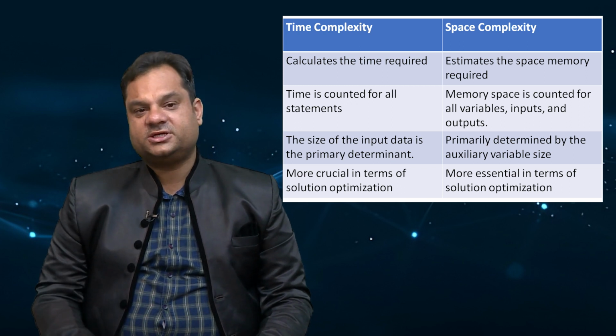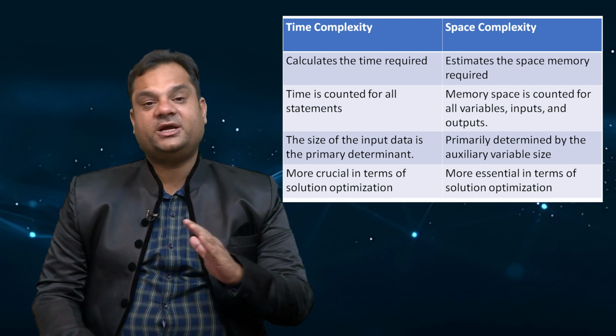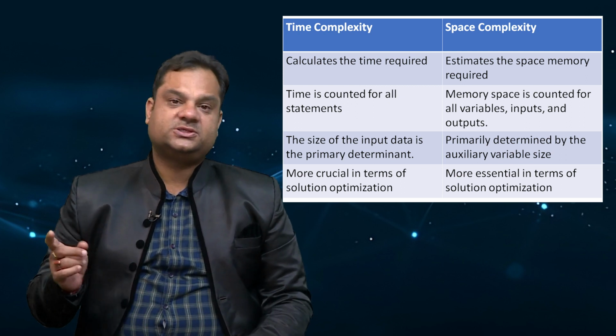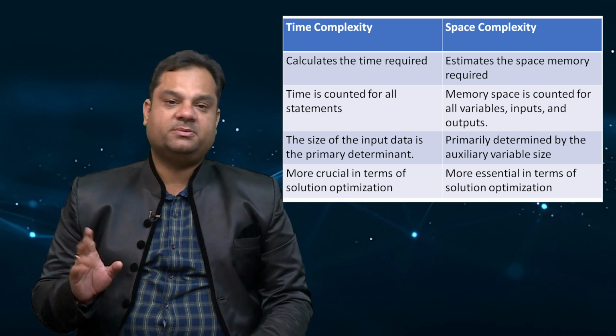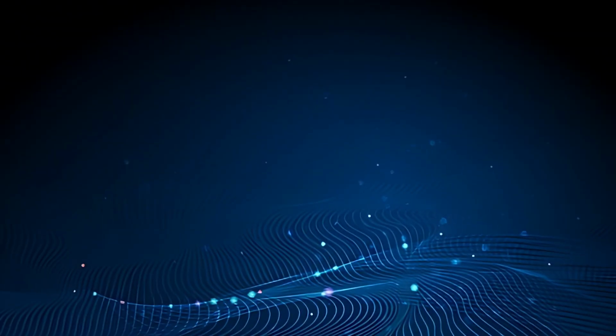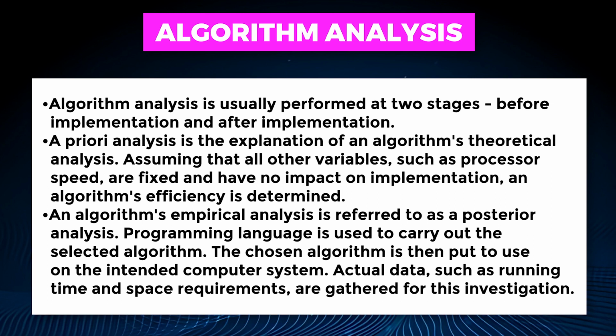Time complexity is more crucial in terms of solution optimization, but space complexity is more essential in terms of solution optimization. So now we understand the concept of algorithm analysis. Algorithm analysis is usually performed at two stages: before implementation and after implementation.